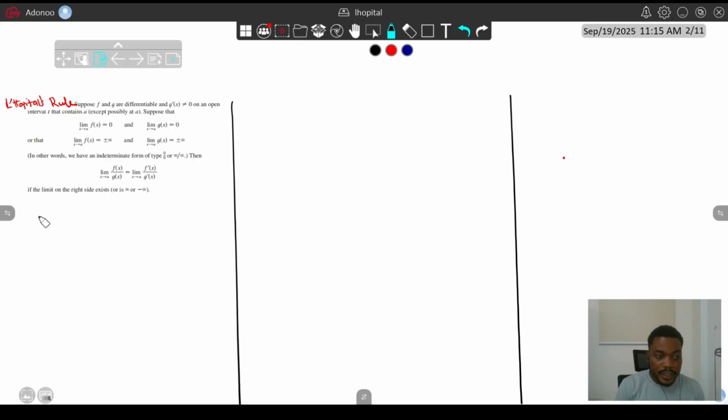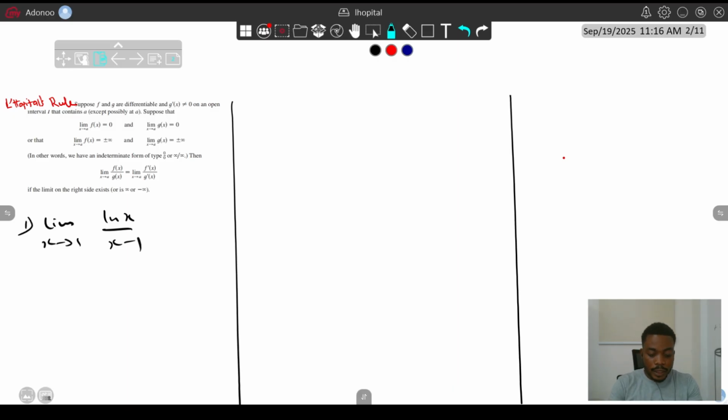So I'm going to rewrite the questions here and then we'll solve them one after the other. For the first one, we have limit as x approaches 1 of ln x over x minus 1. So how are we going to do this?